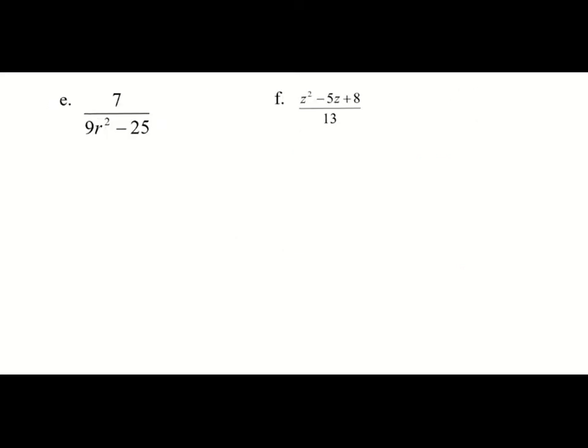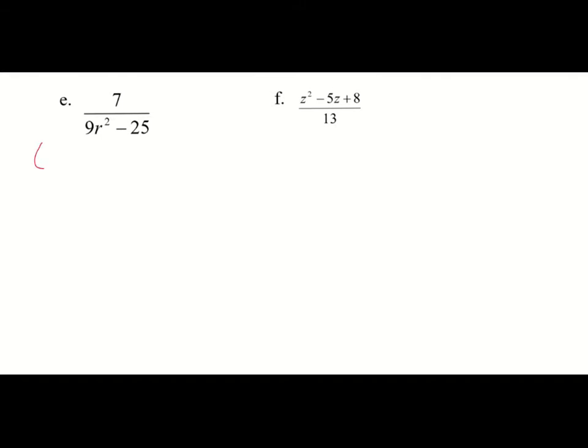All right, we're going to look at our last two, where we're going to find out where the expression is undefined. For E, if I look at that one, I have two terms and I have subtraction. And if I look at those two terms, they are both perfect squares. So I can factor that as our difference of perfect squares.